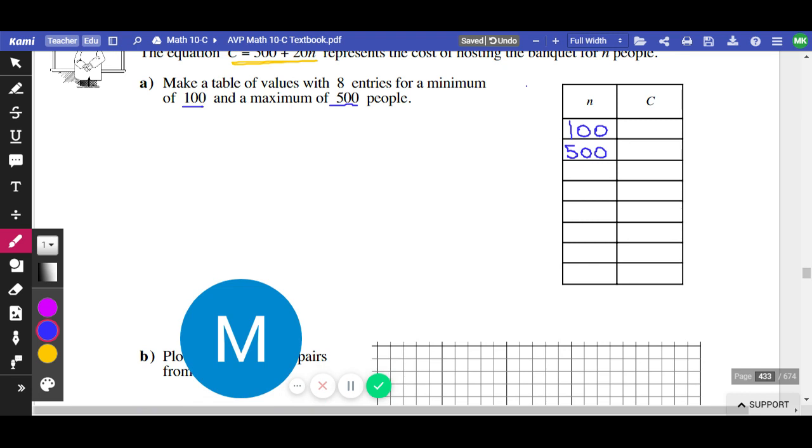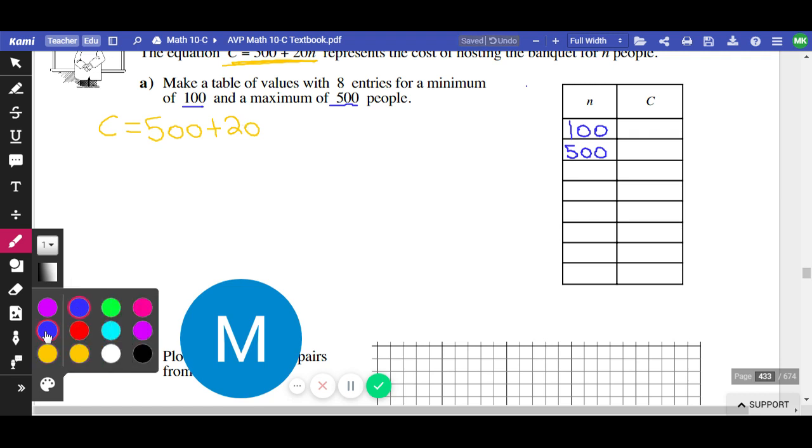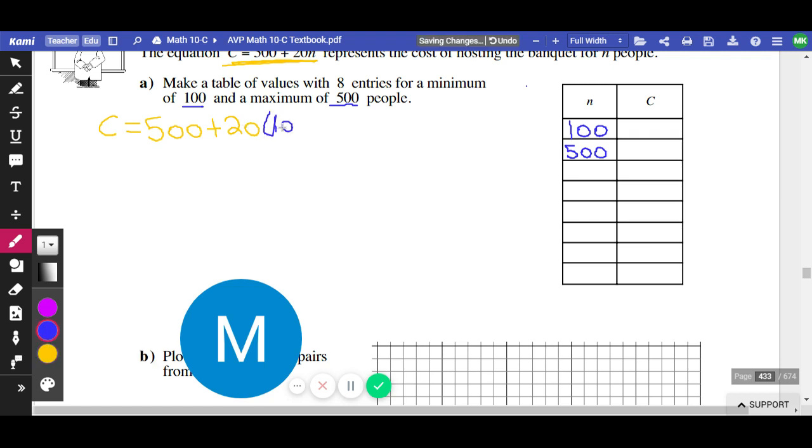Our equation is up here in the yellow. It's C equals 500 plus 20N. But we know that N is actually 100 now. Right? Input 100 in there. When we input it, we use brackets. We then do any calculations that we can.